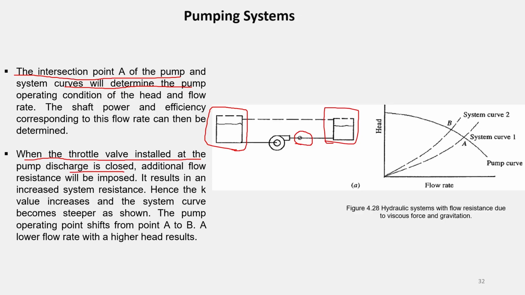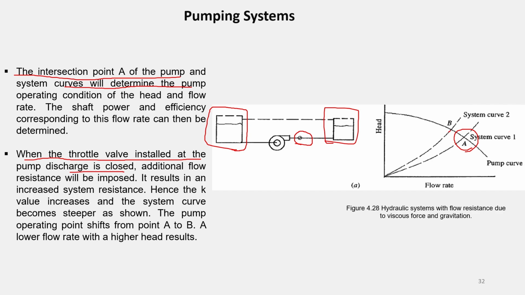So as you can see here, even closing a throttling valve will affect this, because at the end of the day, this represents the operating point of the pump, the intersection point of the pump performance curve and the system curve gives you an idea of where the pump is operating right now.